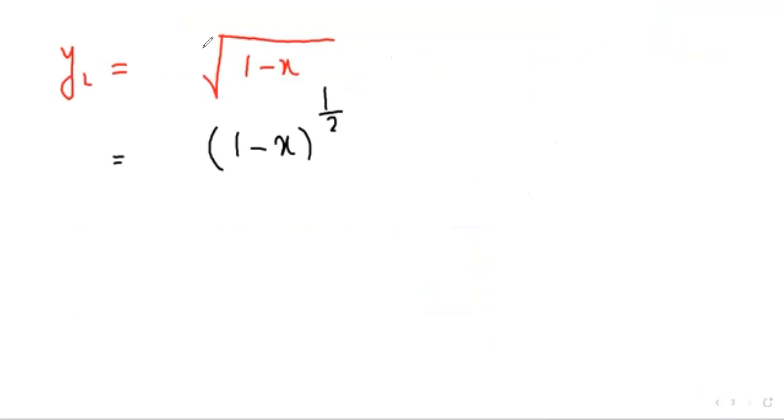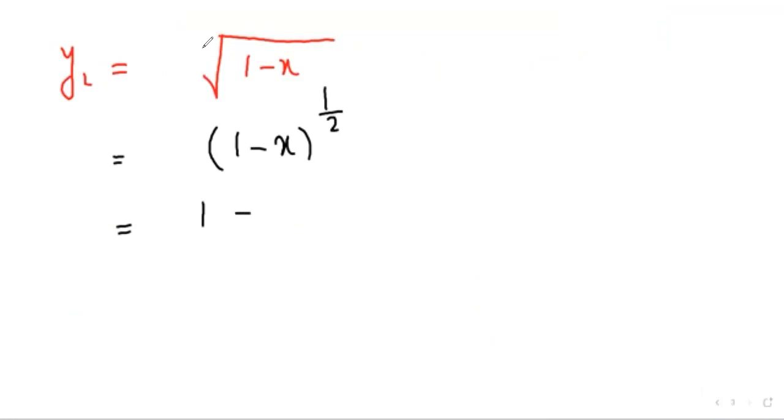Now for y2, our y2 is square root of 1 minus x. We know that square root is actually power half. We can put it like this. Now we can apply binomial on it.